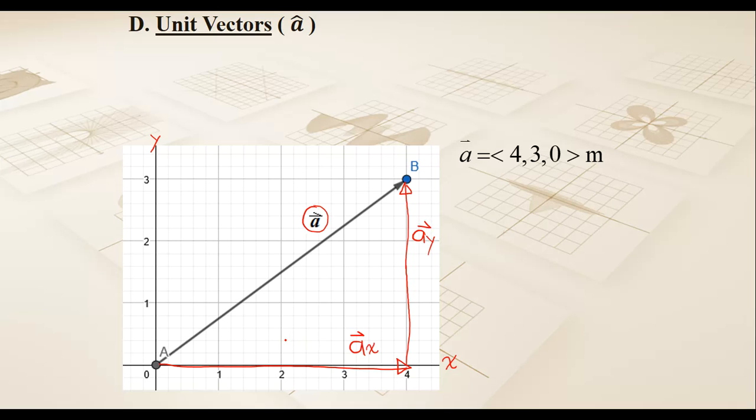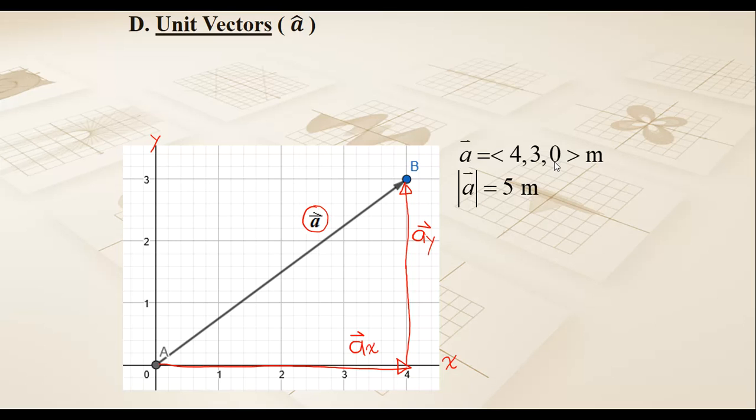What I can see here is ax goes towards the right in the positive x direction by 4, so therefore it's positive 4. Ay, the y component, goes in the positive y direction by 3. And we can still write it as an ordered triple, it's just that there is no z component. So we write the z component as being equal to 0.